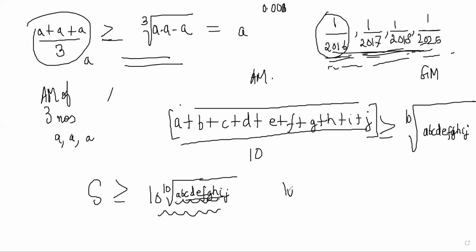So it will be 1 by 2020 to the power 10 inside, and when you take the 10th root, it comes out. So S is greater than or equal to 10 by 2020, which is 1 by 202.